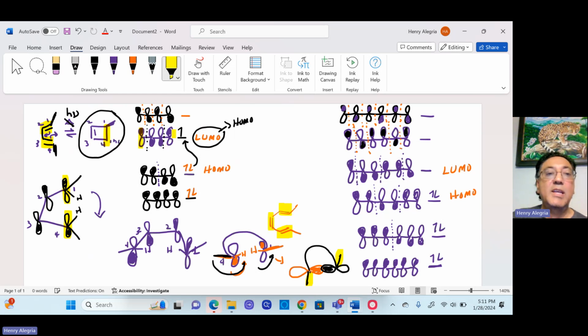This is shaded up, this is shaded up, which is different from the ground state HOMO, where that's shaded up and that's shaded down. So the difference in the analysis is now going to be that the only thing that's going to change in my new HOMO is that the two end ones are both shaded up. One is shaded up, 4 is shaded up.